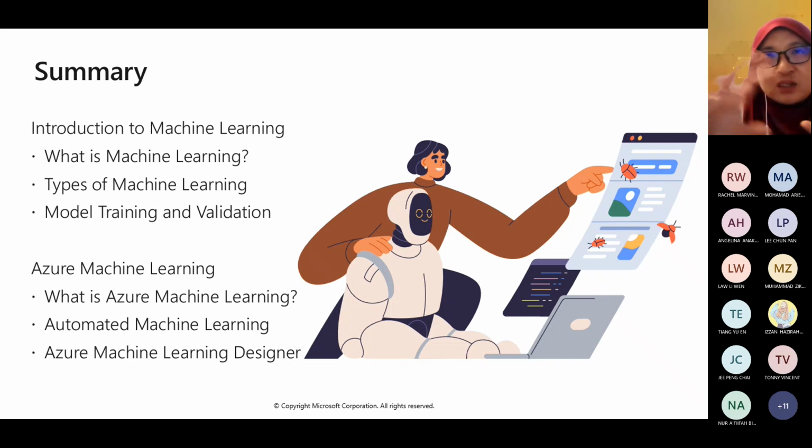So lastly is the designer. Designer ni senang sikit lah, drag drop. Yang penting is actually your automated machine learning tu, where you need to construct your algorithm to each of the machine learning punya component lah. So the machine learning designer is a graphical GUI lah that lets you build machine learning pipelines tadi tu without even writing code.